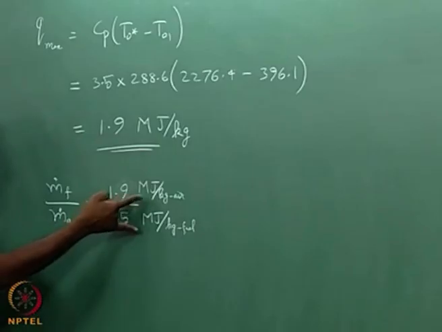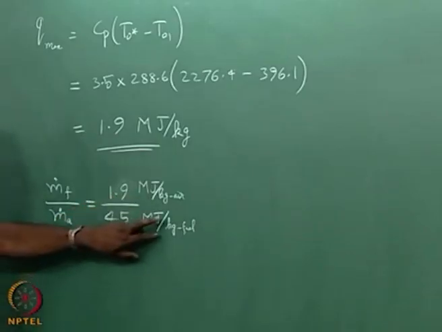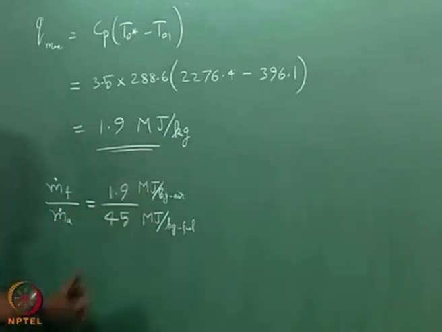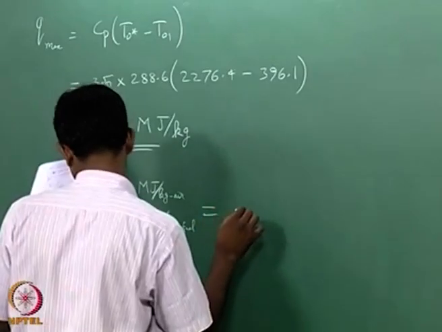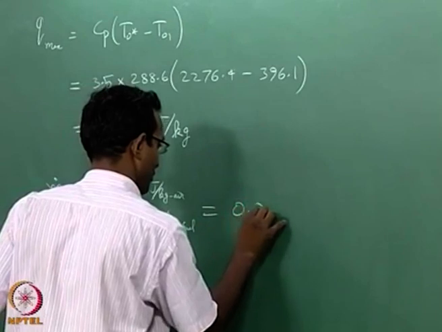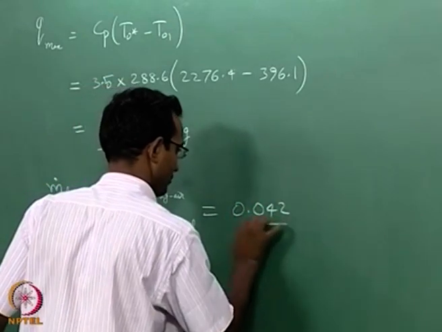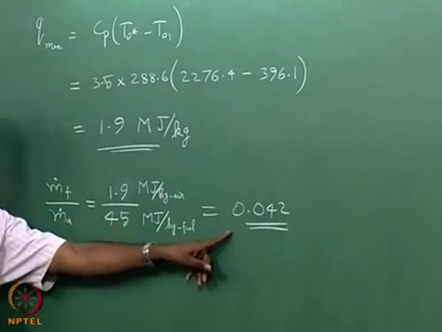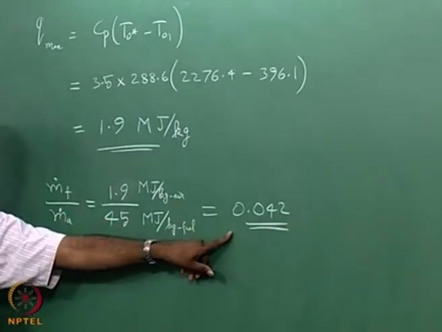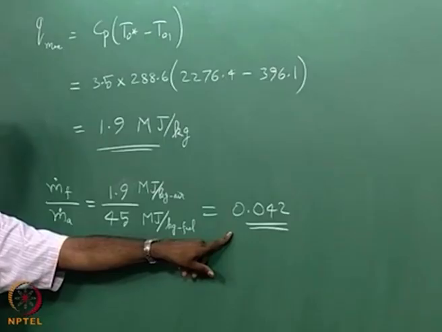Okay. So now you can see that it is coming out to be kilogram fuel by kilogram air units automatically. That also is one more check you need to think about. And this number comes out to be 0.042. This is the maximum fuel to air ratio that you can have in your combustor without having a choking condition.